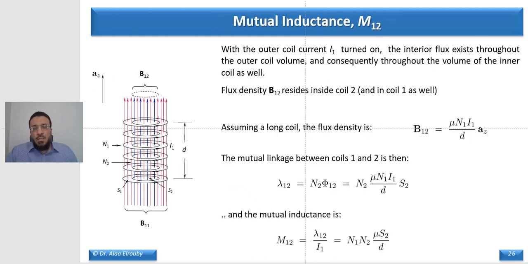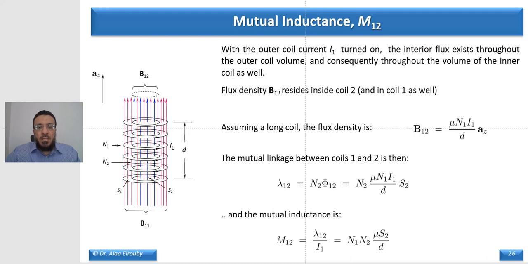So when we calculate B12, which is the field caused by current 1 at the loops or the core of coil 2, of course, both of them are on the same axis, and the field generated by 1 equals mu N1 I1 over D. So this is the field generated by current I1.